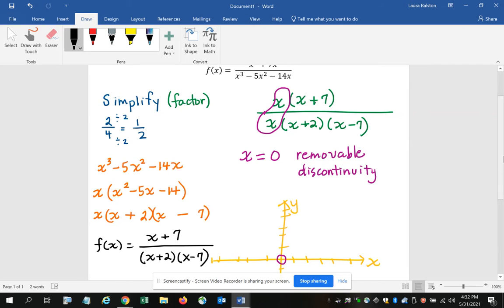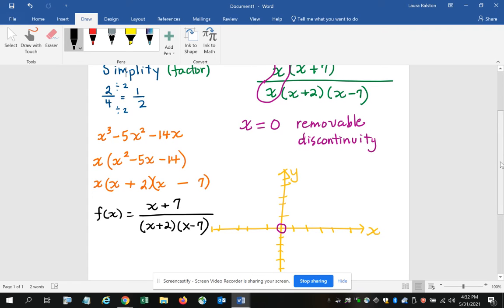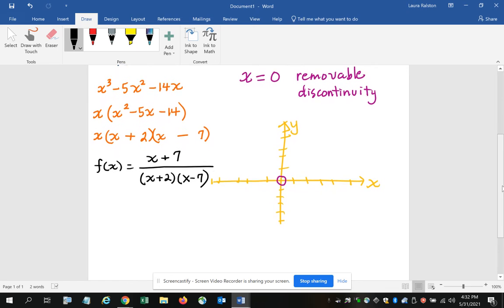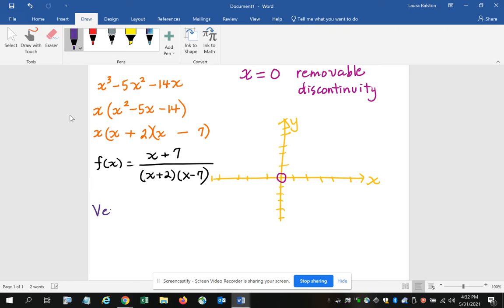The second thing that I want to do after I've simplified, and the simplification leads me to that removable discontinuity, is find the vertical asymptotes. Vertical asymptotes occur at the values that make the denominator equal to 0.